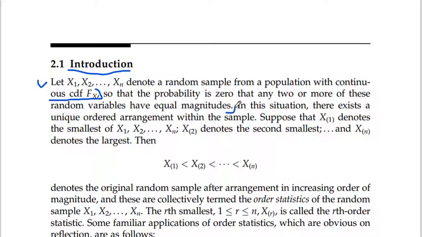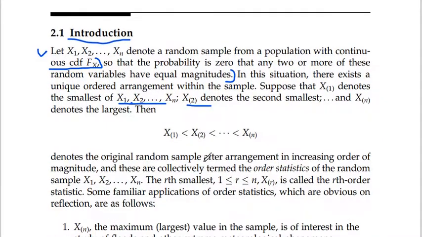In this situation there exists a unique ordered arrangement of the sample. Suppose x(1) denotes the smallest of the sample, x(2) denotes the second smallest element, and x(n) denotes the largest. This is the general arrangement of order statistics: x(1) is the smallest value, x(2) is the second smallest, and x(n) is the largest value.